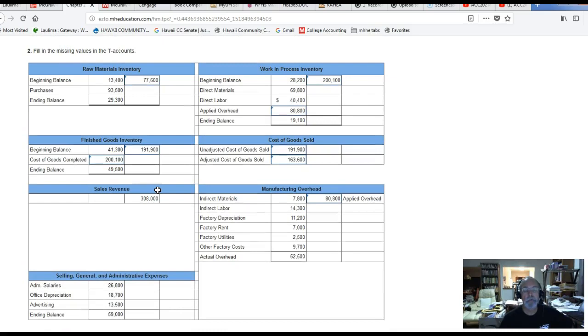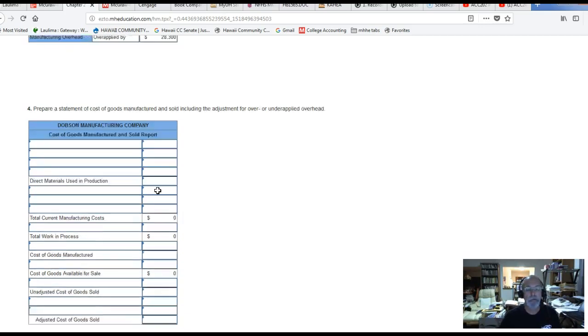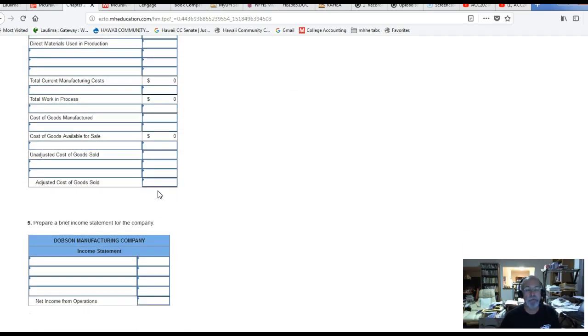And requirement 2 basically shows the meat of the material that will be used in completing requirement 4, and that is the statement of cost of goods manufactured and sold, and also requirement 5, which is an abbreviated income statement.